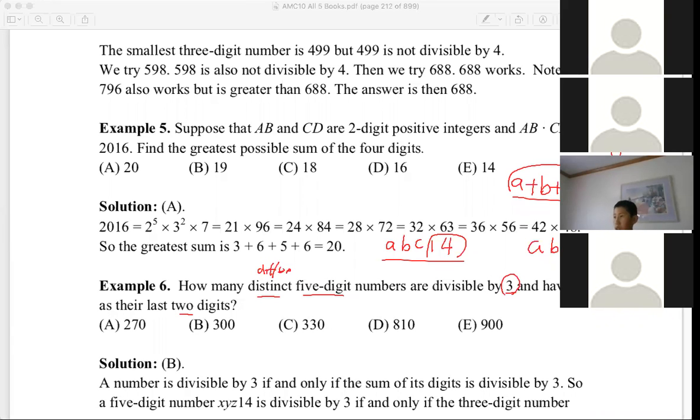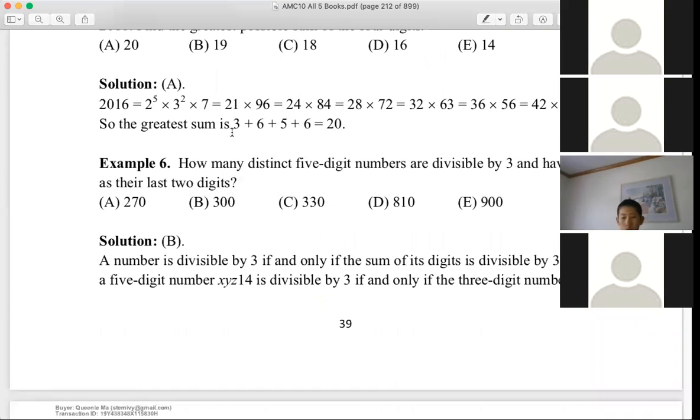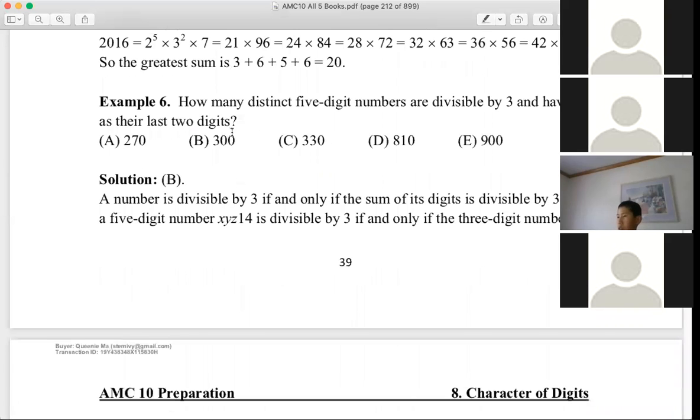Say, they ask you how many distinct, different 5-digit numbers divisible by 3. So here, totally we have 900 numbers. A number is divisible by 3 if and only if the sum of its digits is divisible by 3.